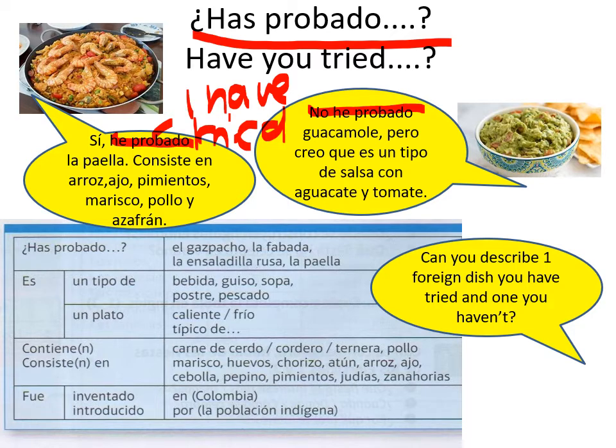Obviously, if you've been on holiday to Mexico, you might want to say, I've tried fajitas or tacos or guacamole, or you don't even have to have gone to one of these countries. You might have been to a restaurant, you might have been to Chiquitos where they sell fajitas or enchiladas, or you might have tried one of them different foods at a Mexican restaurant. So say what you've tried, then say what type of dish it is.